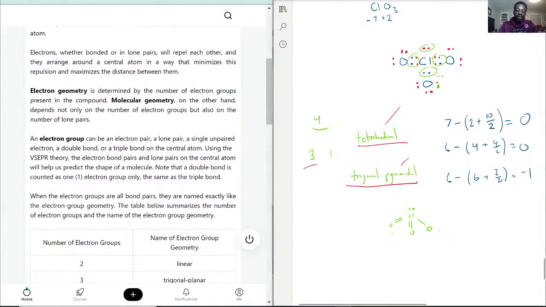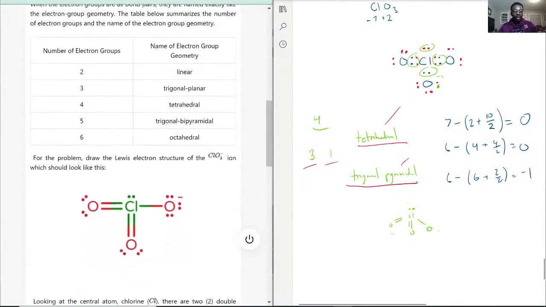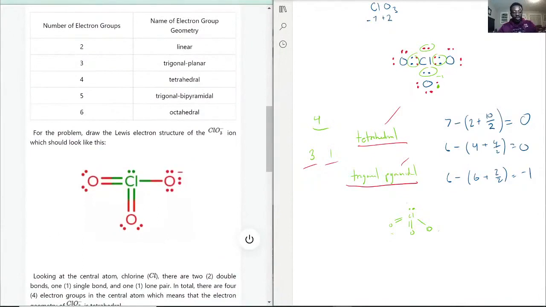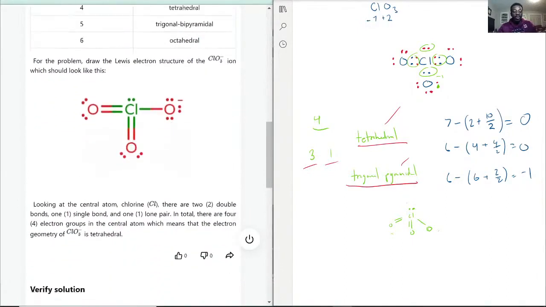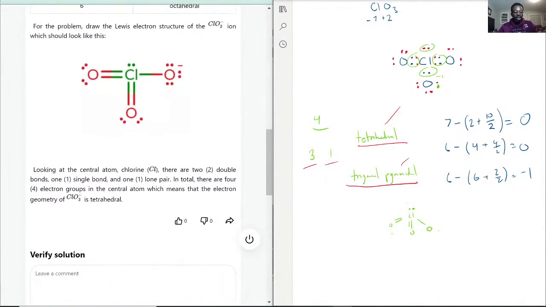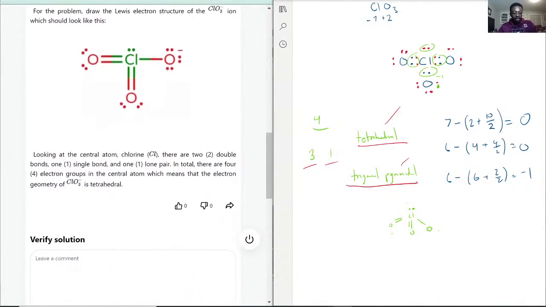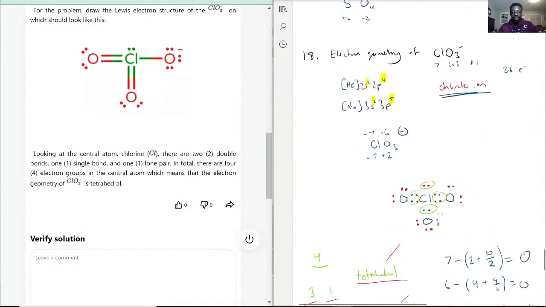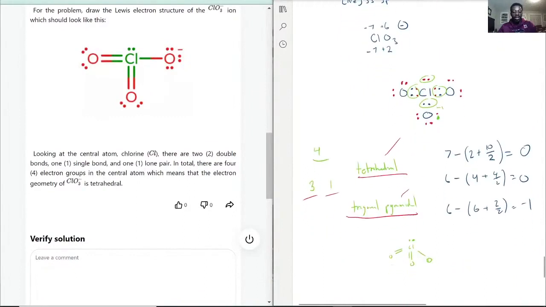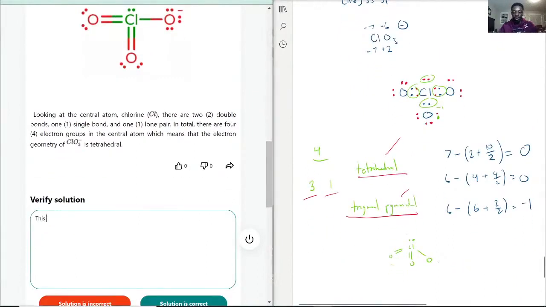Hence how I broke it down to the 3 and 1. Because 3 bonds, 1 lone pair. So exactly, that's actually what we have here. 3 bonds. Yes, I do see the double bonds, but the double bonds count as just a type of bond. Hence why we just counted as 1. So, with all that being said, the chlorate ion is tetrahedral for electron geometry.